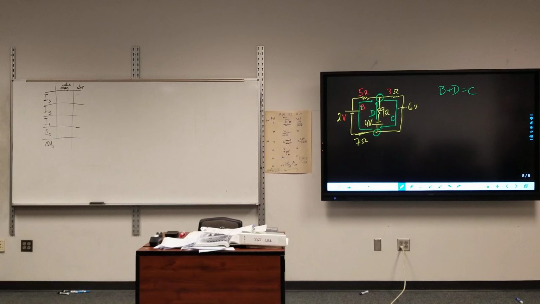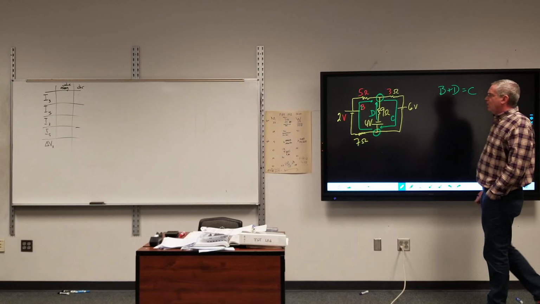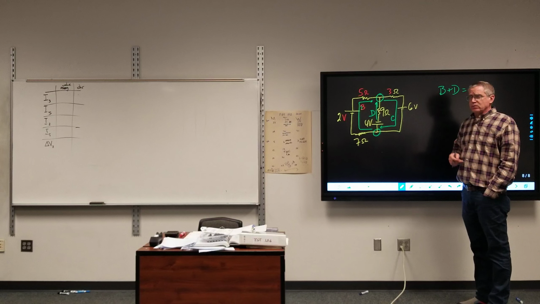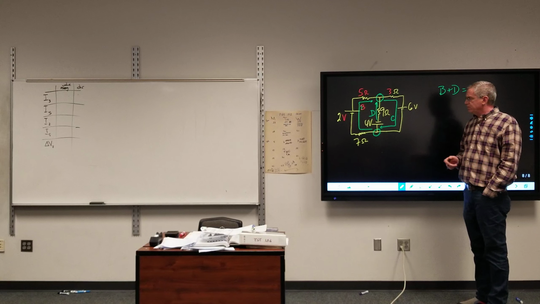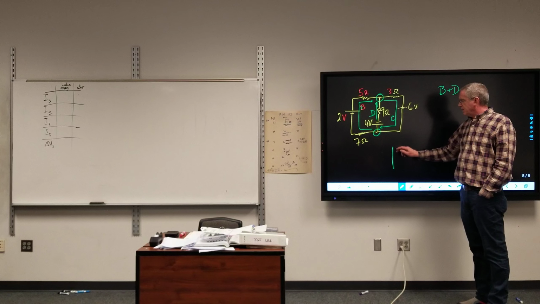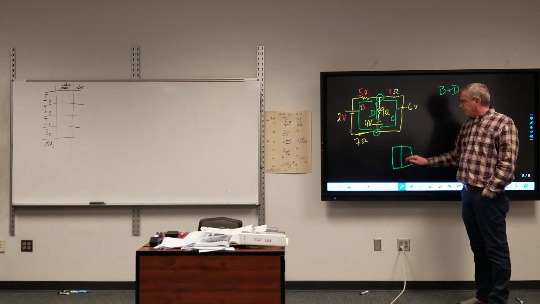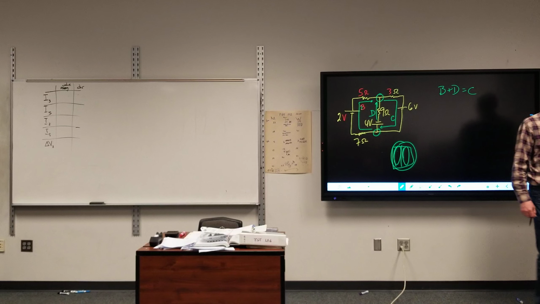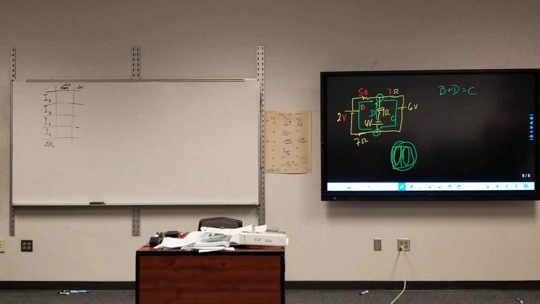My next 2 equations will be using the voltage rule. And given my basic setup here, I have a loop on the left side, a loop on the right side, and I have the entire thing. Those are basically my 3 simplest choices. They are not independent.